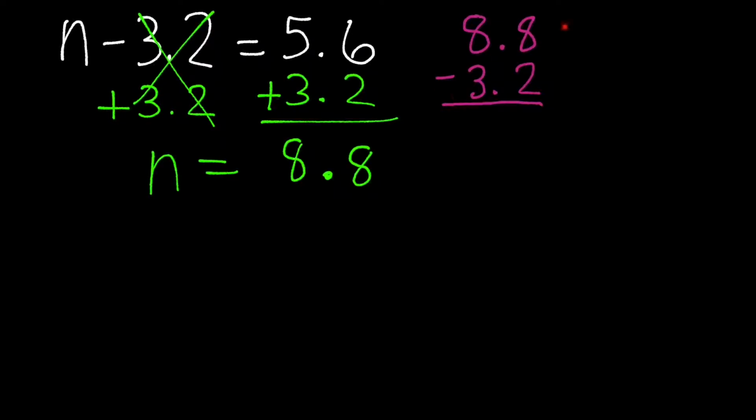So I'm going to write it like this, and I'm going to hope whatever solution I get over here matches the solution over here. Now, thankfully, I don't have to do any regrouping. 8 minus 2 gets me 6. Drop down the decimal point, and 8 minus 3 gets me 5.